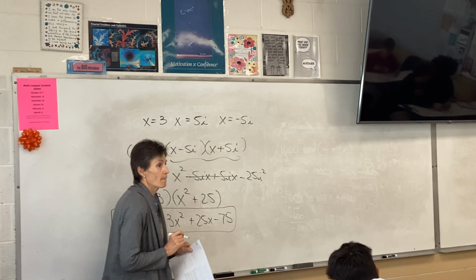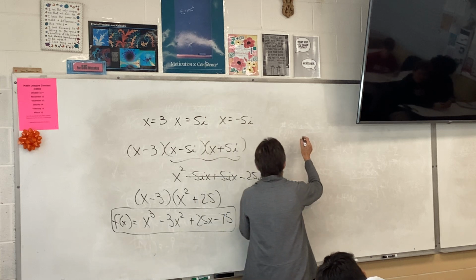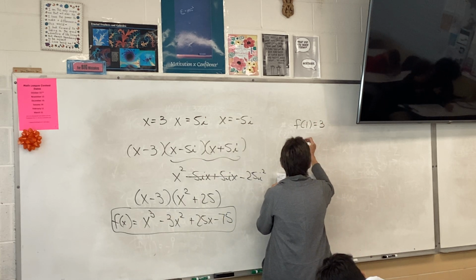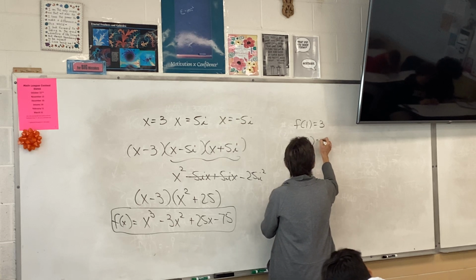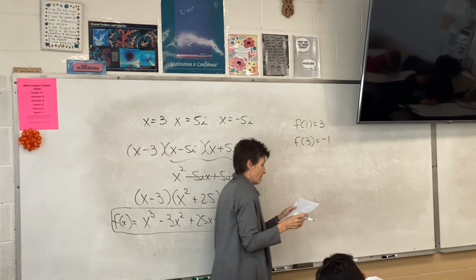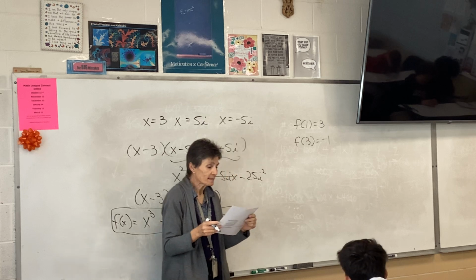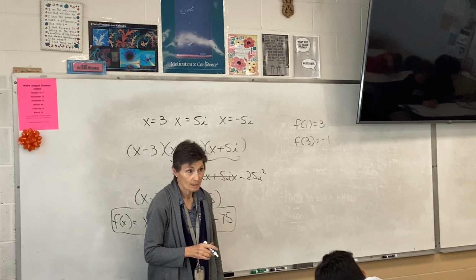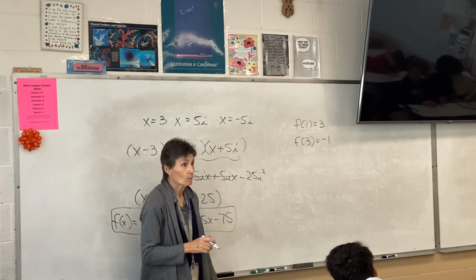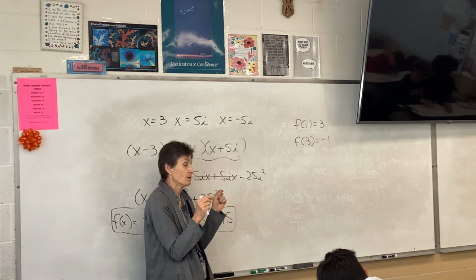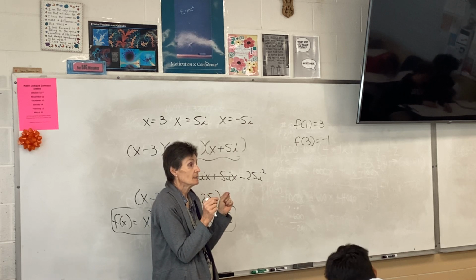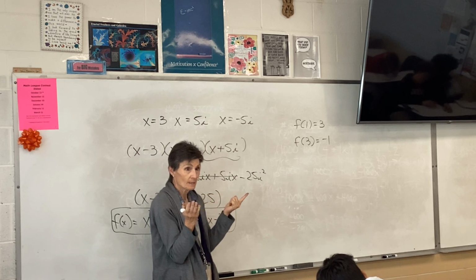Number 2. F of 1 is 3, and F of 3 is negative 1. Write the equation of the linear function. Now, when you hear that word linear, you're immediately thinking line?